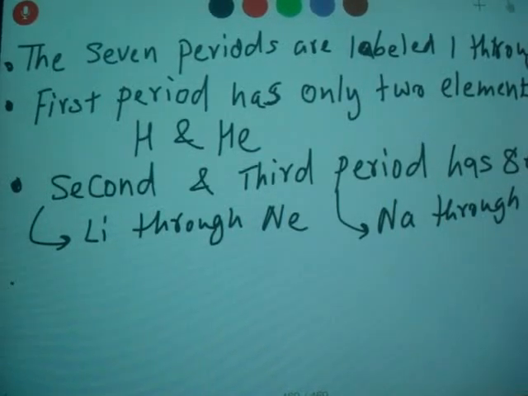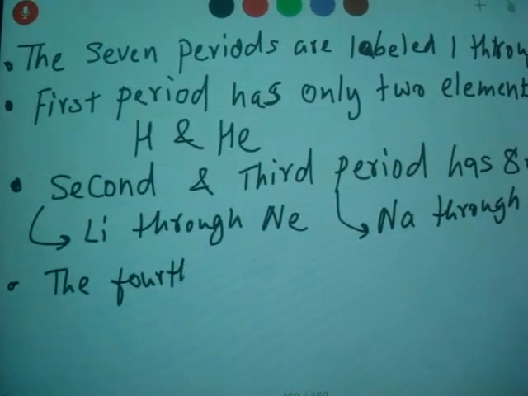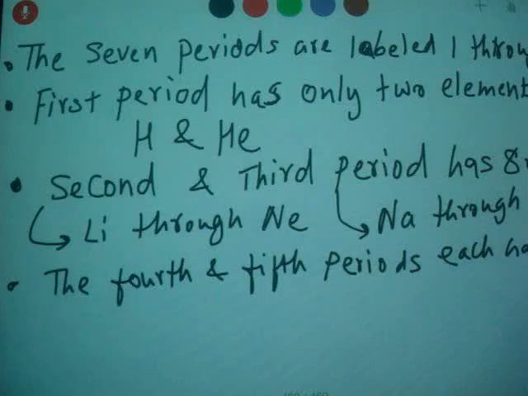The fourth and fifth periods each have 18 elements.